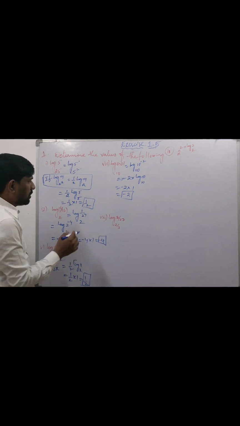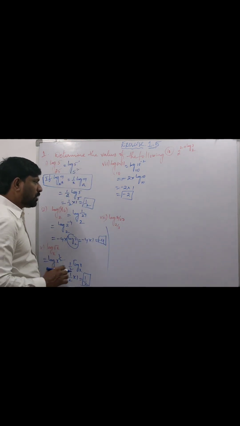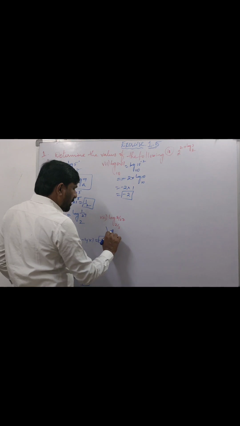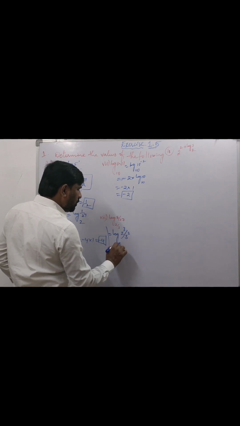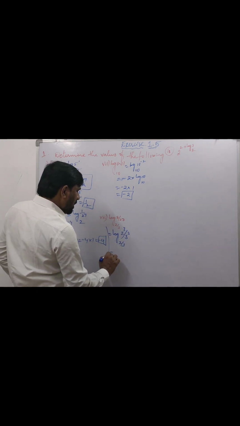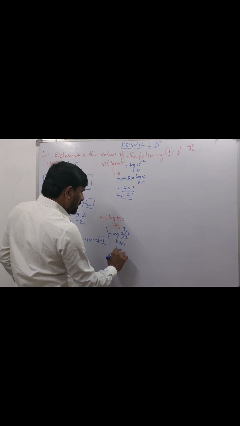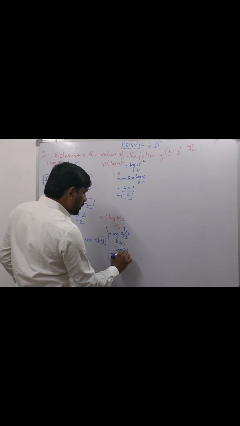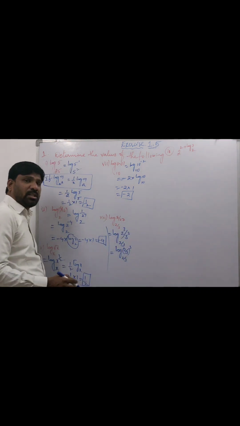Right. Now this one: logarithm of 8 by 27 to the base 2 by 3. 8 can be written as 2 cube and 27 as 3 cube, and 2 cube by 3 cube is nothing but 2 by 3 whole cube.